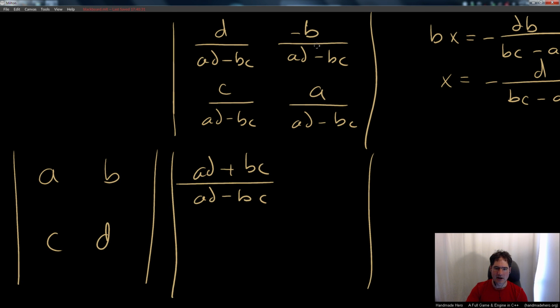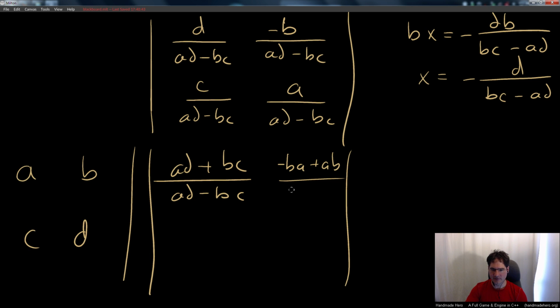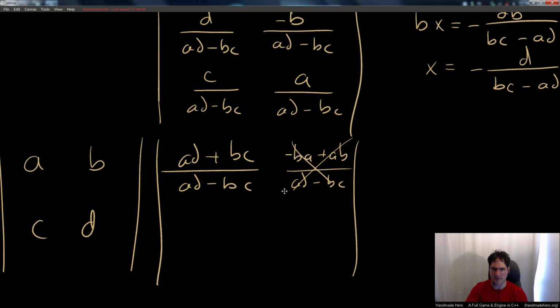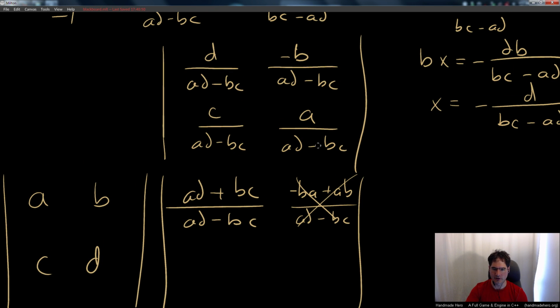If that makes sense. The next one, this would give me negative BA plus AB, and that's perfect, right? AD minus BC. That's AB minus AB, that's 0, which is exactly what I wanted, right? So those two terms look correct. So these guys look good.